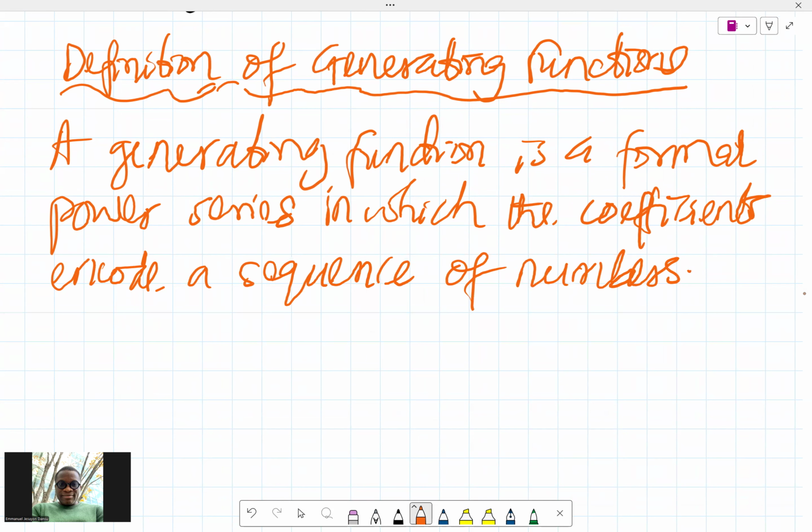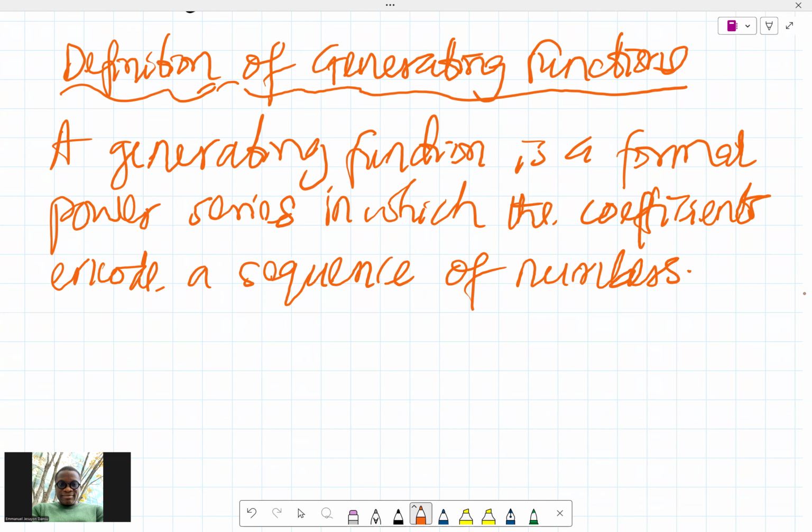So for a sequence a_n starting from n equals 0 to infinity, its generating function is, check this out, g(x) equals a_0 plus a_1 x plus a_2 x squared plus a_3 x cubed, and so on and so forth.